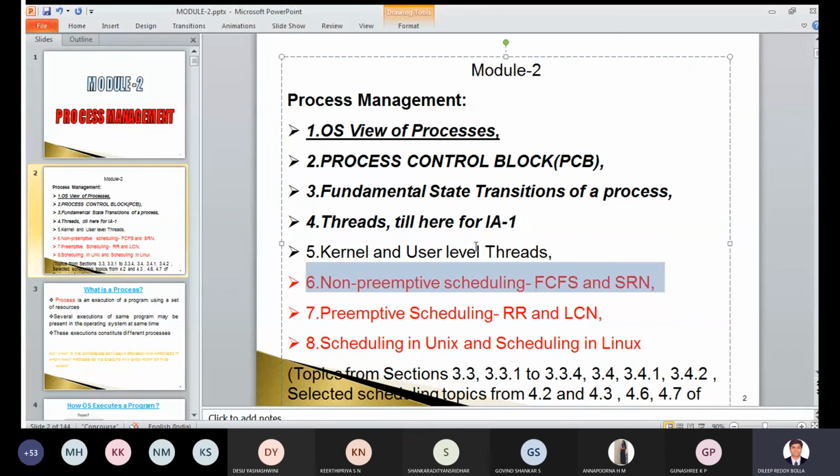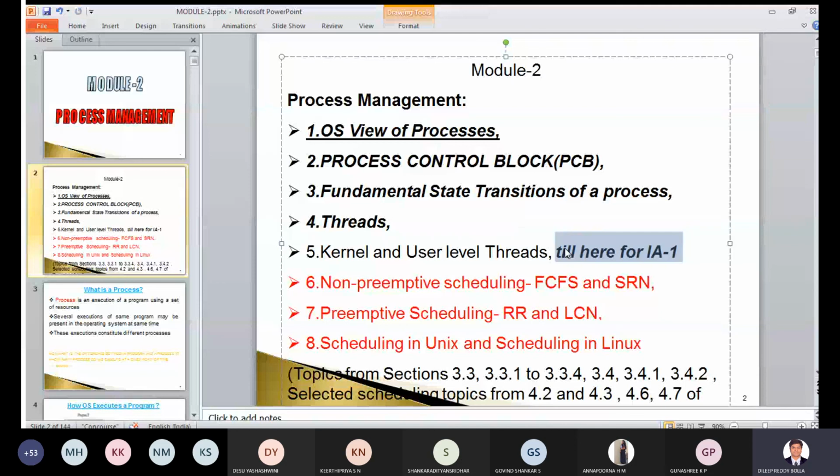Apart from this, you can decide among yourselves and let me know. This is for 20 marks for module 2. So do you want this to be shifted here, or are you okay with that? Nobody is answering. I'll make it till this point, because the next IA we'll have only 10 marks.